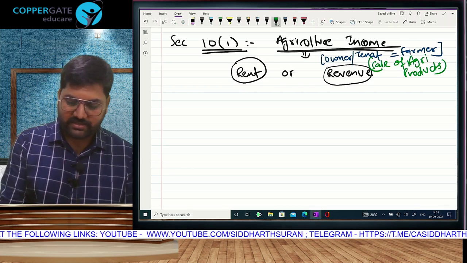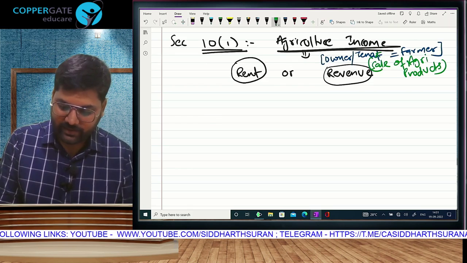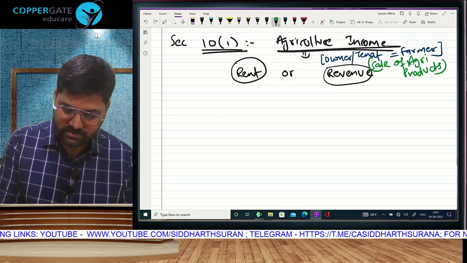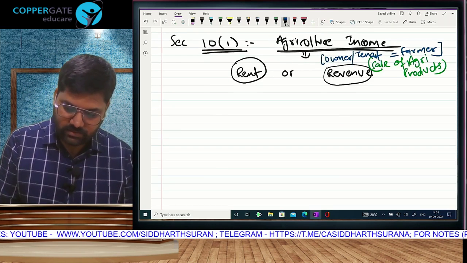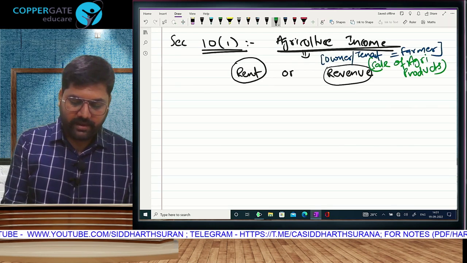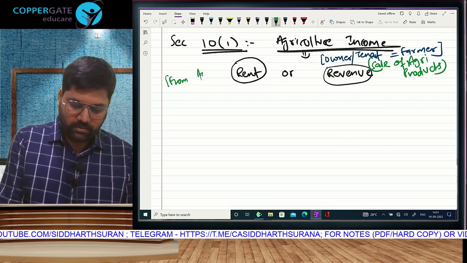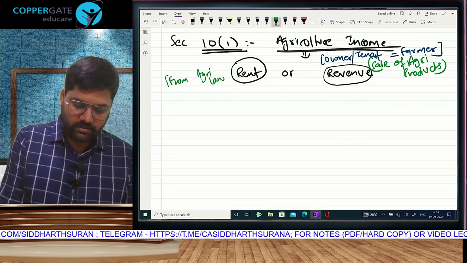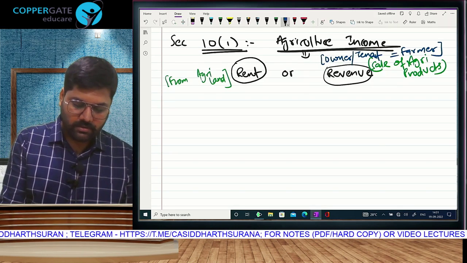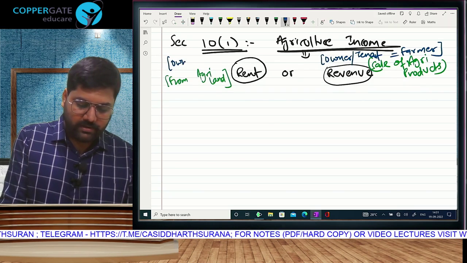Revenue, that means can I say, it is the tenant, tenant. Rent. From what? From agricultural land. And who is going to earn this? The owner of the land.